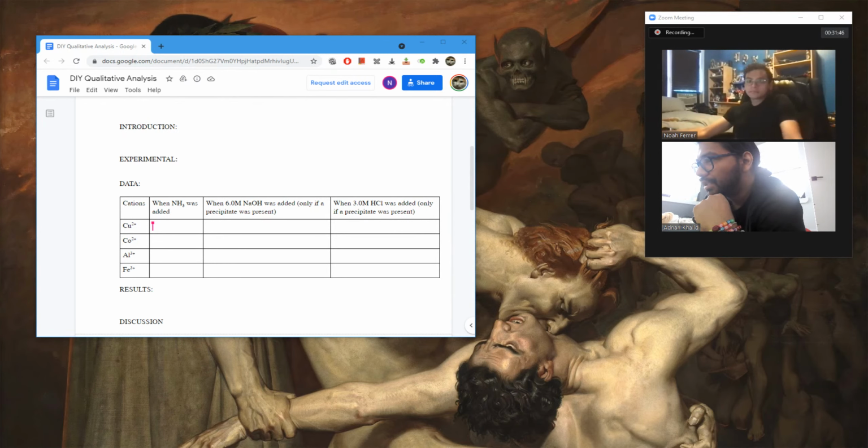Okay, we don't really know. Well, rust-colored is kind of like orange precipitate, so it might be iron, but let's see when you add the NaOH, the precipitate did not dissolve. So that's likely iron yet again. And then when you add HCl, the milky, cloudy precipitate came back after HCl was added.